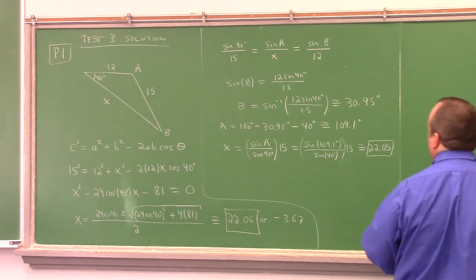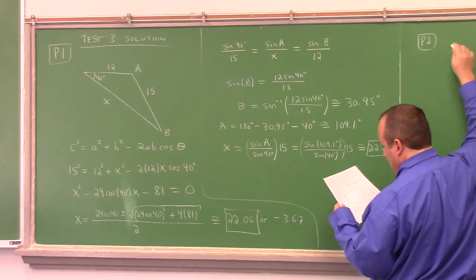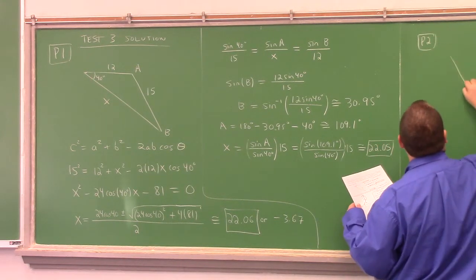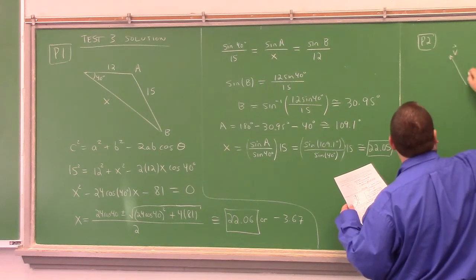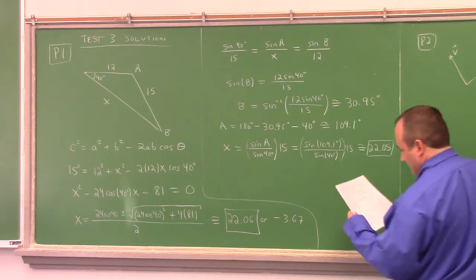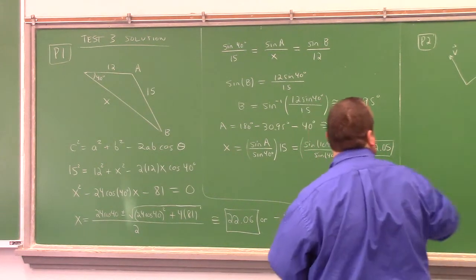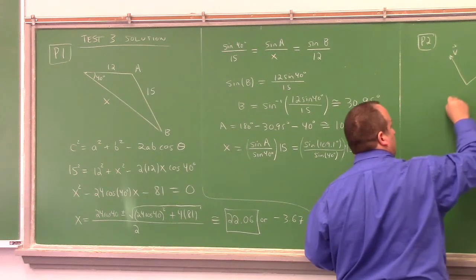Problem 2, there was a lot of kind of, I would say, floundering, for lack of a better term. But if this is v and this is u, then I think some of you had the minus 2u, and that was good.